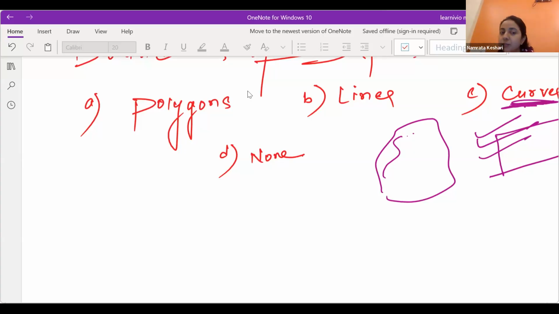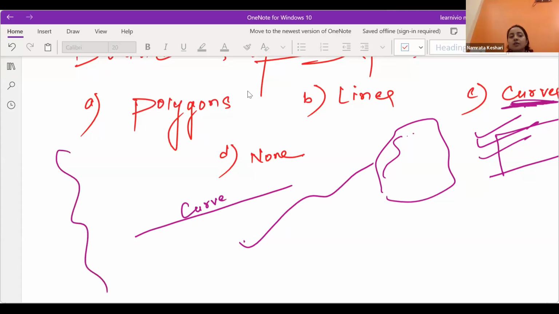If you have to lift the pen, that's not a curve. We can draw a straight line as well without lifting the pen, and this is a curve. A straight line also falls in the category of curve, because the definition of a curve is that if we can draw the shape without lifting the pen, it's a curve. The curve in our mind is a line like this, that is a curve, but a straight line also falls in the category of curve. Getting it?